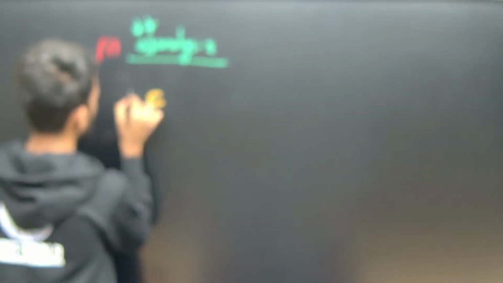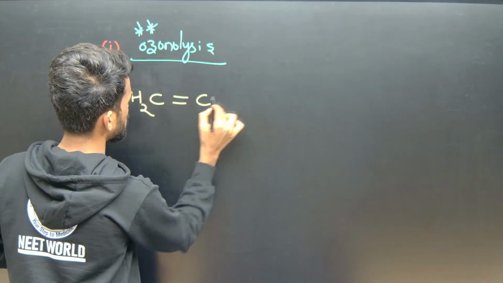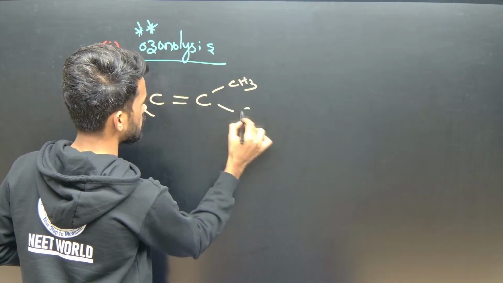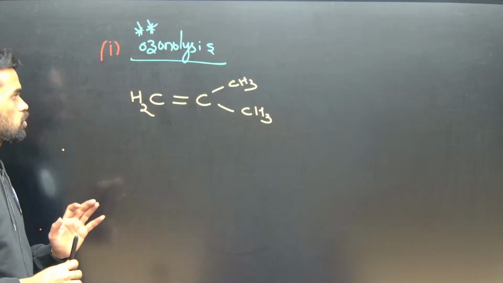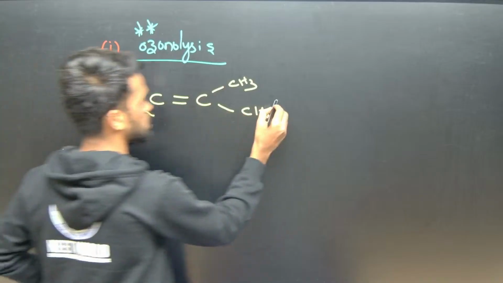First of all, take one alkene. I am considering the alkene CH2 double bond C, CH3, CH3, like this. Now just look at what happens when we do this ozonolysis.